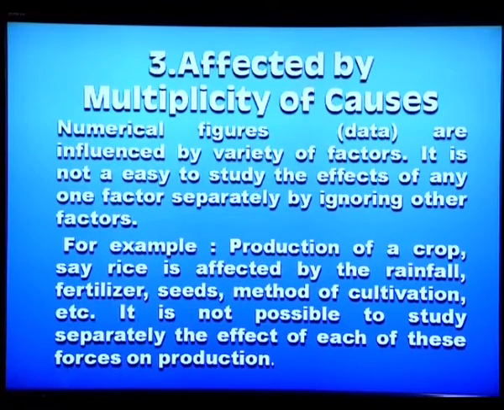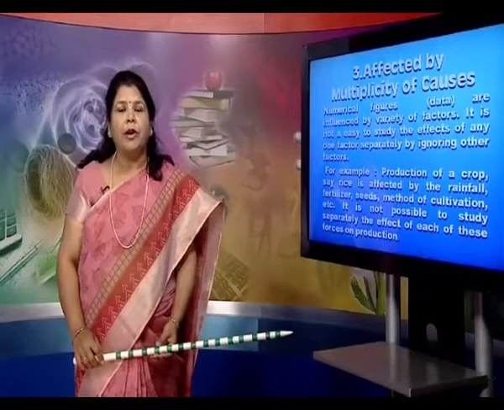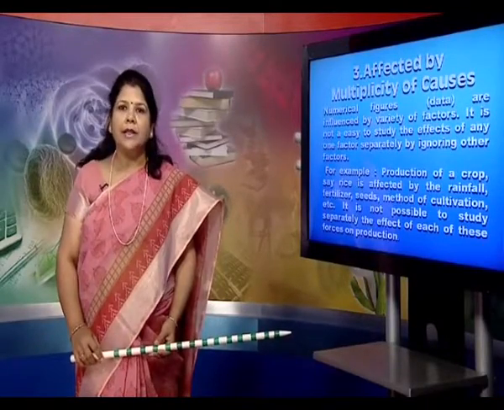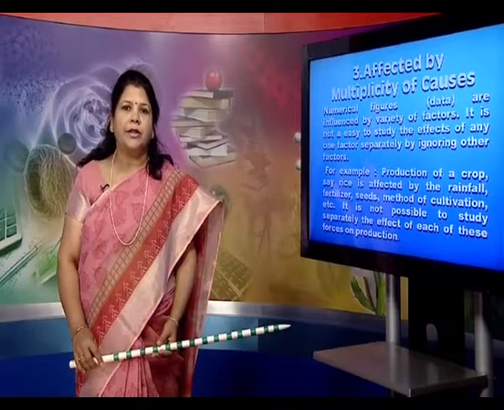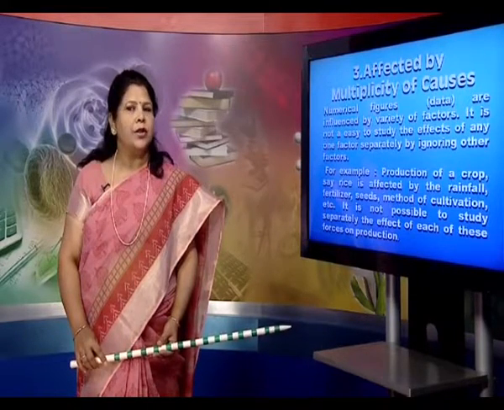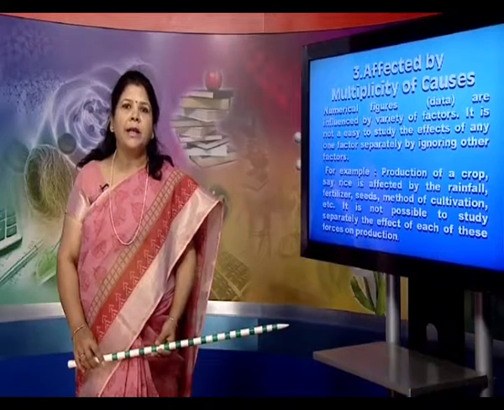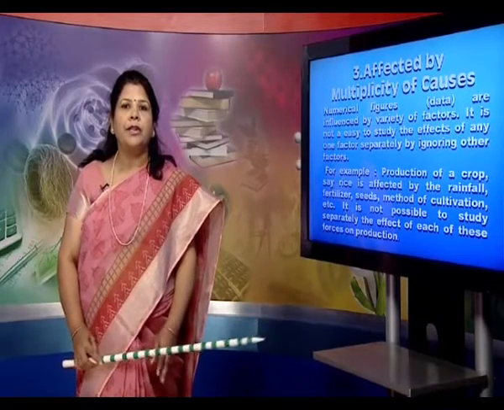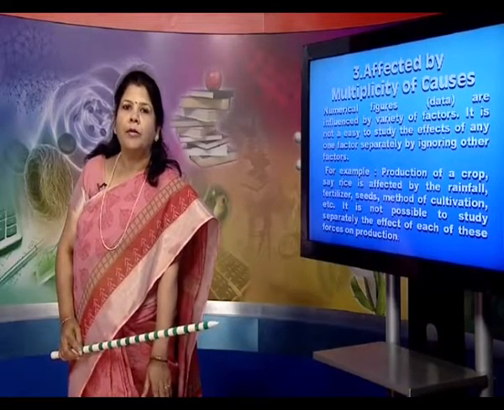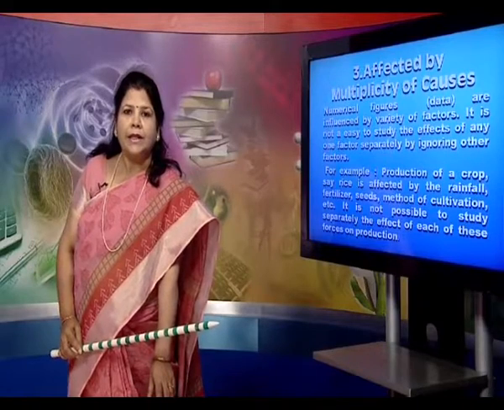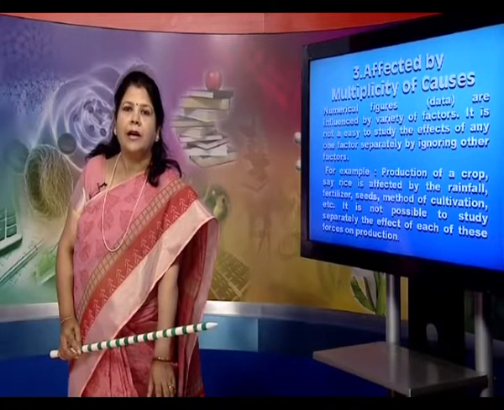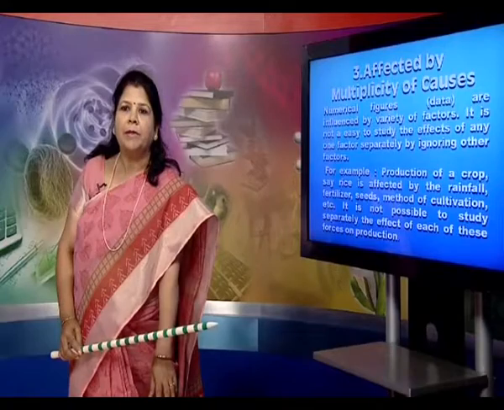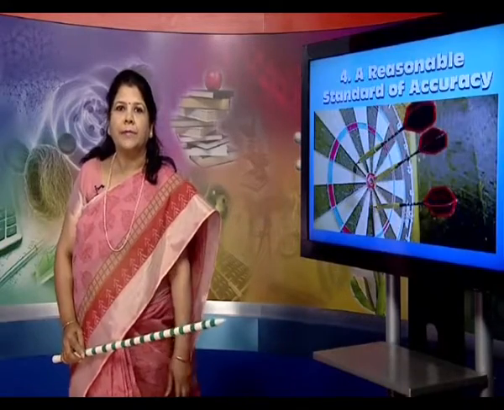For example, production of a crop, say rice, is affected by the rainfall, fertilizer, seeds, method of cultivation, etc. It is not possible to study separately the effect of each of these forces on production. Hence, we can say that statistics are affected by a multiplicity of causes.